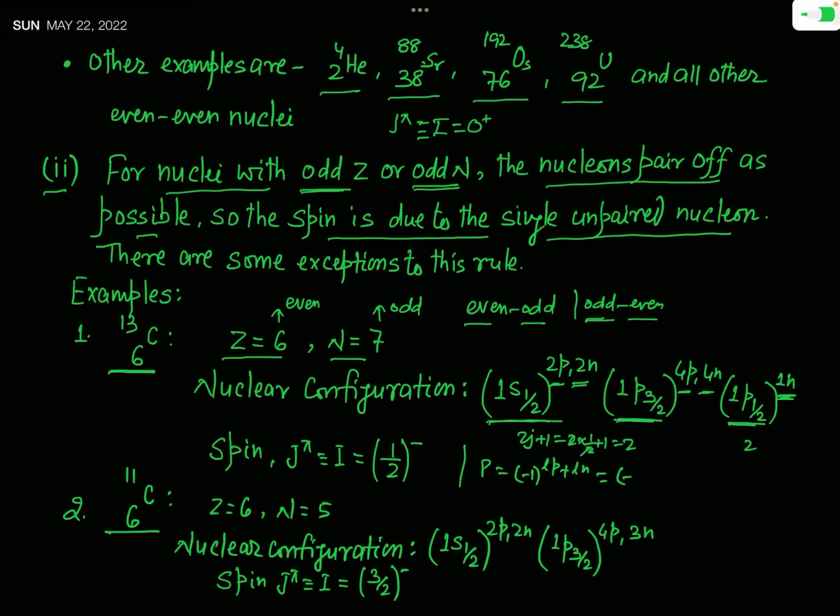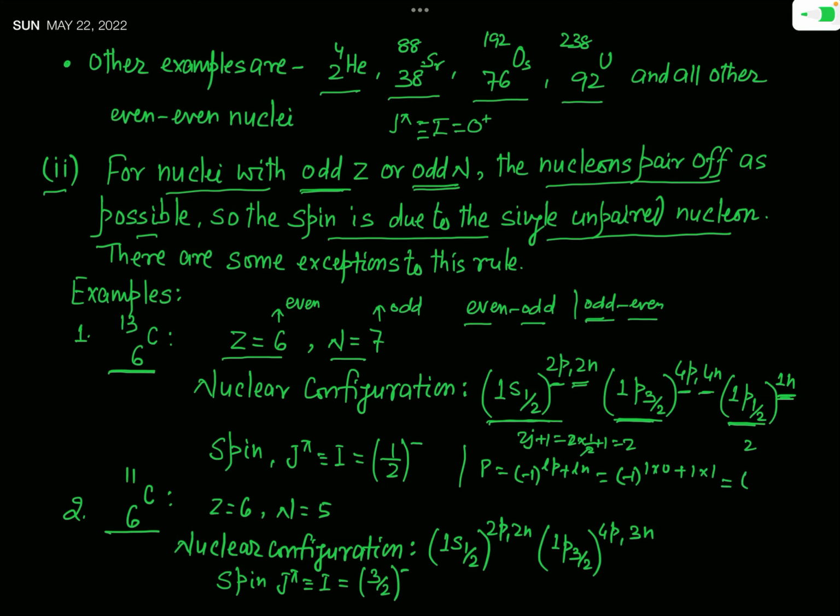You can see the number of protons in the last subshell which will determine the parity is 0, and for P we will write 1, so 1 into 0, plus again L times N. L is 1 and the number of neutrons present in the last subshell which determines the parity is 1.